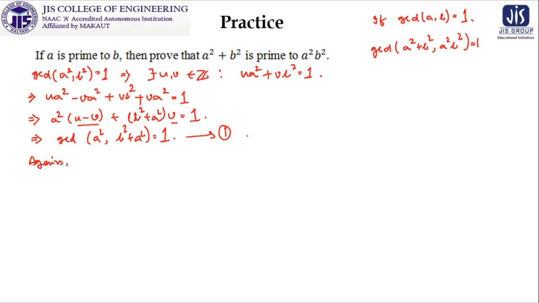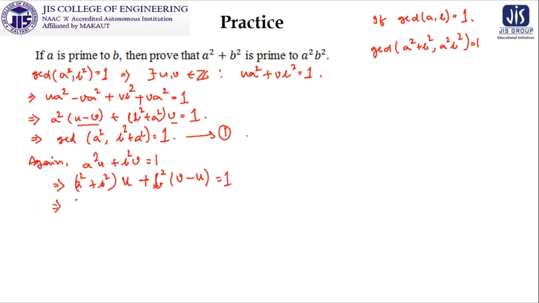Again by the same technique we can start from a square u plus b square v is equal to 1. The next line we can write that (a square plus b square) v is there, u is added, so u will be subtracted, is equal to 1.